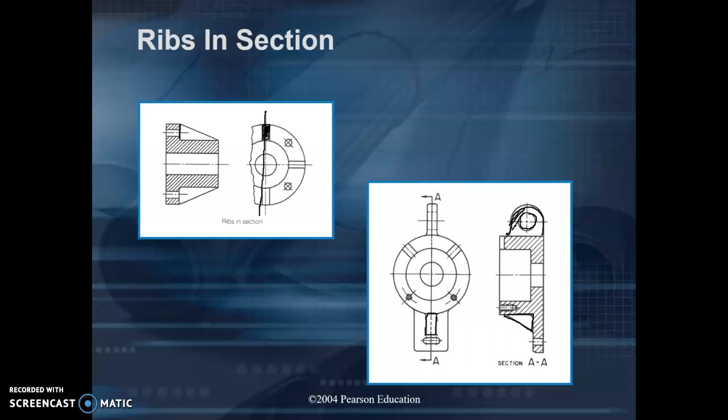And so if we were to follow the rules to the letter, we would be showing section lines there. But that's going to give sort of a false idea of the thickness of this object. And so we omit those section lines. We show the rib here, we just don't fill it in with section lines.